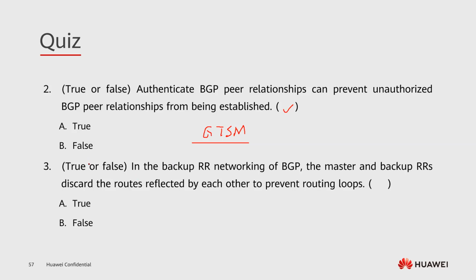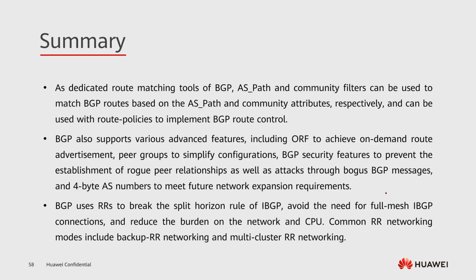Okay. And the final question is, in the backup RR networking of BGP, the master and backup RRs discard the routes reflected by each other to prevent routing loops. That's right. We just talked about it, okay? So this is right. Okay, this is all for the advanced BGP features.